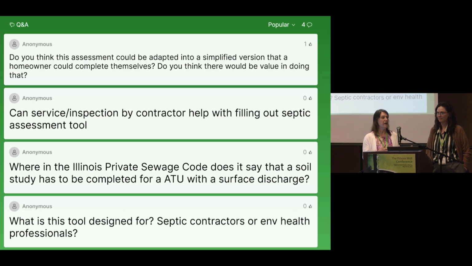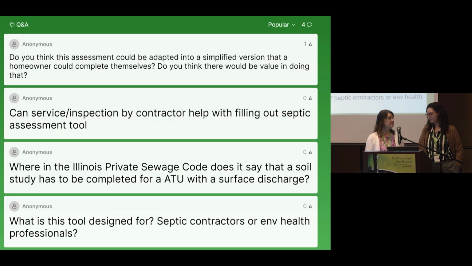We took them out and they were able to fill it out, no problems, with a few tips on what the different components were. But the point of this assessment is to identify vulnerabilities, and homeowners aren't going to know those on their own. They need a professional to explain why you can't have a straight pipe that goes into your creek in the back.